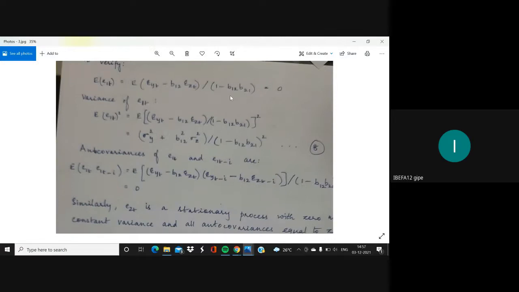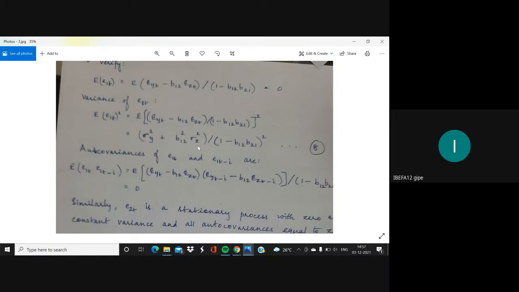Okay, so here we are simply verifying it. I won't explain this portion. You can just take a look at it. Okay, since expectation of epsilon yt and epsilon zt will be equal to 0, even expectation of E1t is equal to 0. Okay.